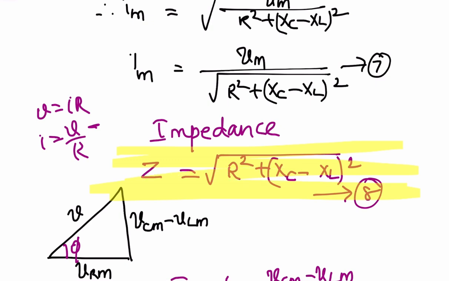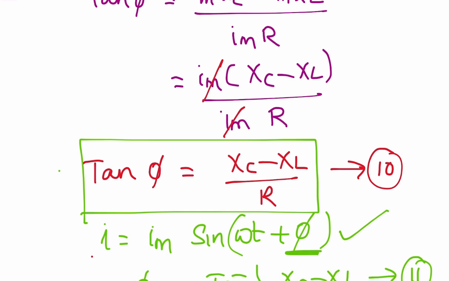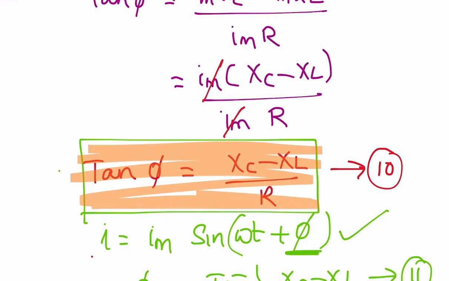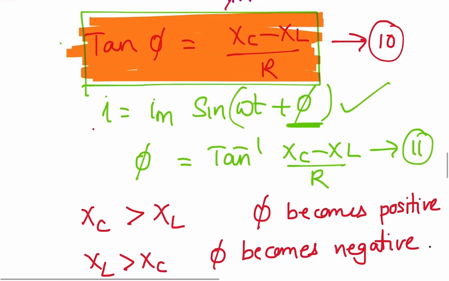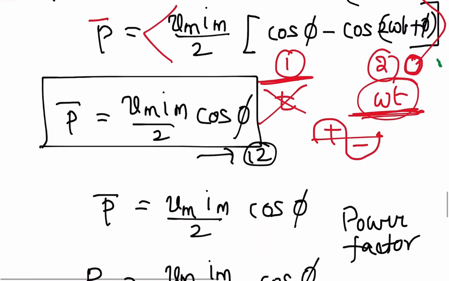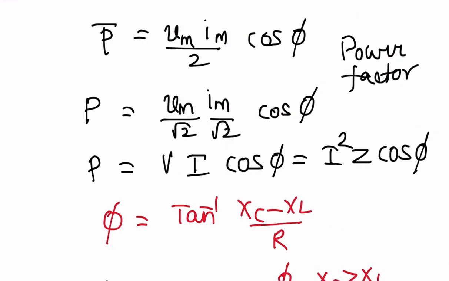And then the next one is the phase difference. Equation 10 is the phase difference. And finally, we need to know the power. And this is the power equation. So we'll give one equation number for that. Let us give equation 12 for that. Equation 12 is the power of the circuit.